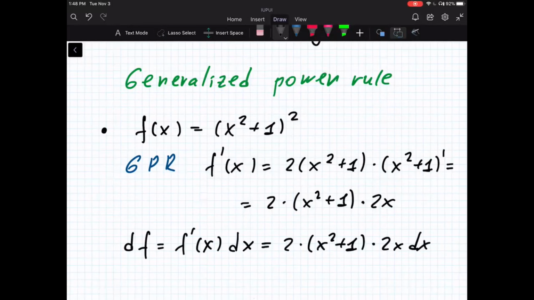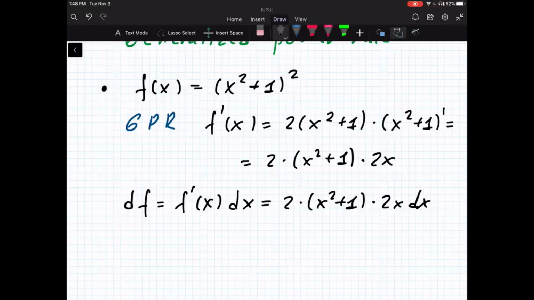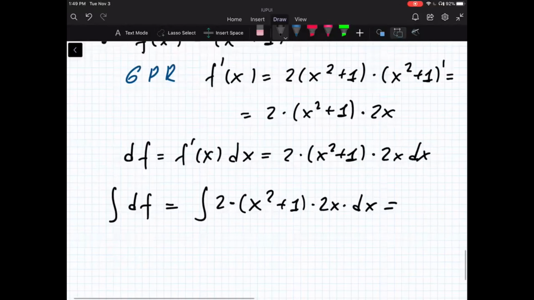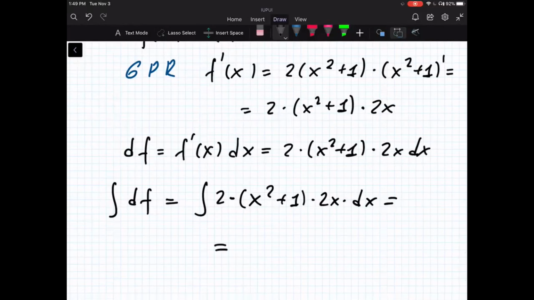And again, as we discussed at the beginning, if I integrate both sides, so far just formally, what will I get? I'll get the integral of the differential, which by the formula above is the same as the integral of 2 times x squared plus 1 times 2x times dx. But this is, as we discussed, just the function itself, maybe plus some constant.